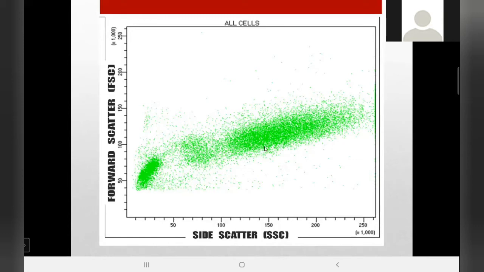Then this population, on the extreme right and obviously larger in size, is your neutrophilic population. Higher side scatter and higher forward scatter will give you a neutrophilic population. The smaller ones will be the lymphocytic population, and somewhere in between will be your monocytic population.